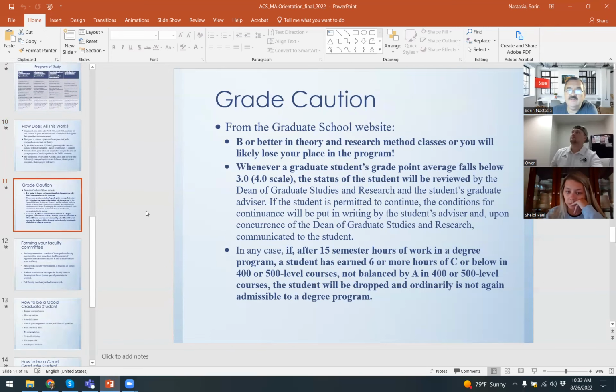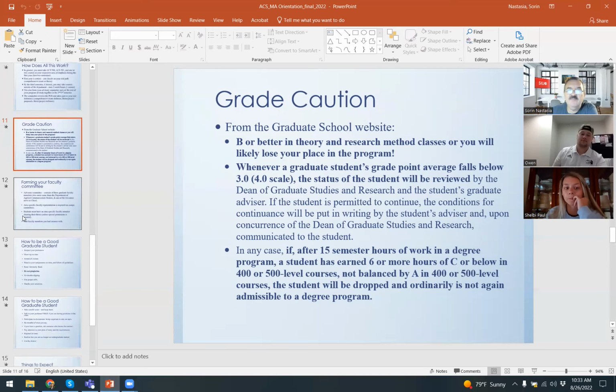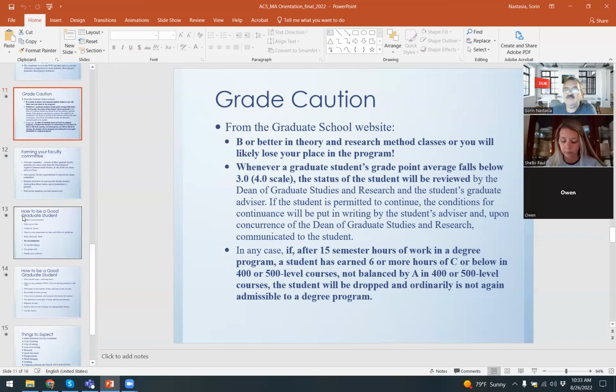Great caution from the graduate school website: get a B or better in theory and research methods classes, or you will likely lose your place in the program. Pay attention, there were some cases last year when people didn't get at least a B in research methods, and that means that they are not done with that course. They have to take it again in the spring of the 2nd year.